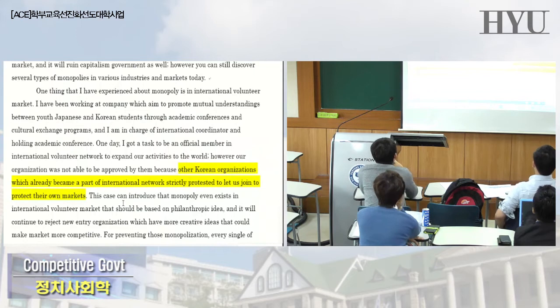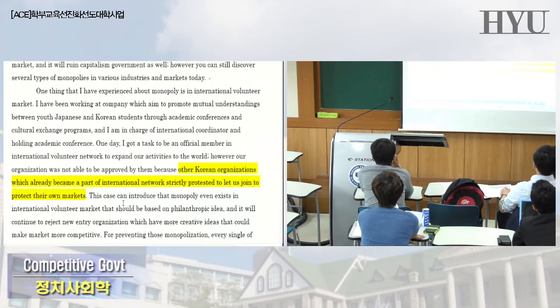One day, I got tasked to become an official member of the International Volunteer Network to expand our activities to the world. However, our organization was not able to be approved by them because other Korean organizations which already became part of the international network strictly protested to let us join, to protect their own markets.